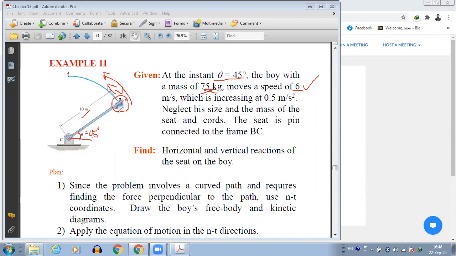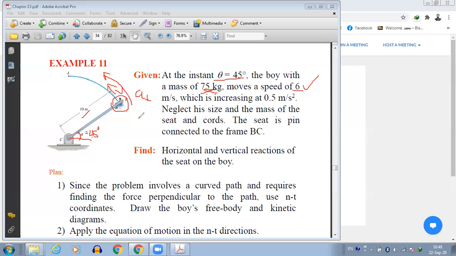This is dynamics. Everything is always complicated, so you need to decode the problem yourself. Which is increasing at 0.5 meters per second squared means the rate of increase of velocity is given. It's AT. So AT is given as 0.5 meters per second squared.